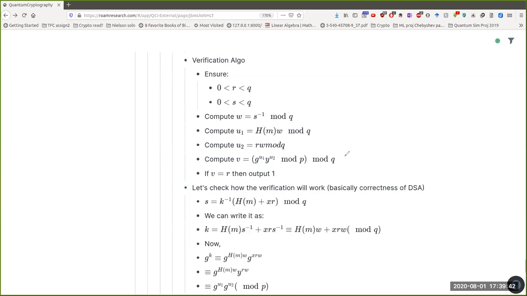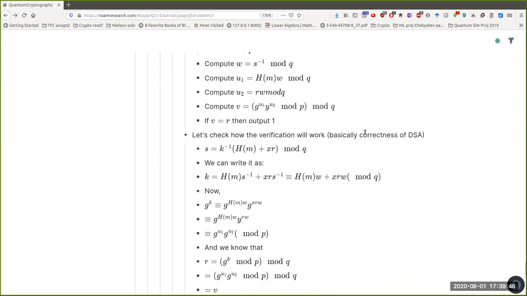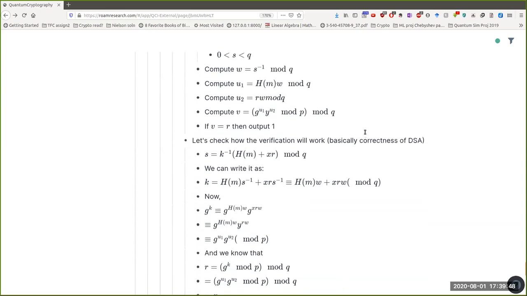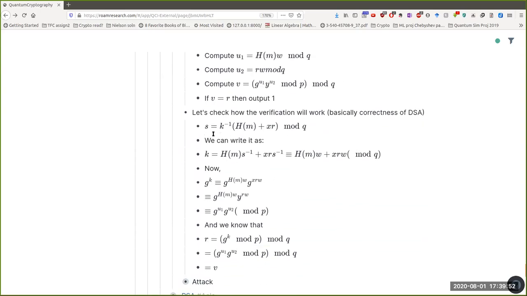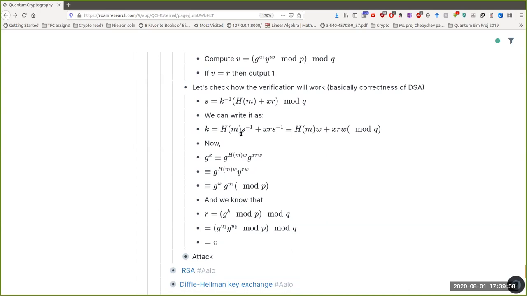Okay. So I'll go step by step. What was my verification? S is K inverse times (hash of M plus XR) mod Q. This we got from our signing algorithm, right? K inverse, so I put it back to the left-hand side. S should jump here as S inverse.